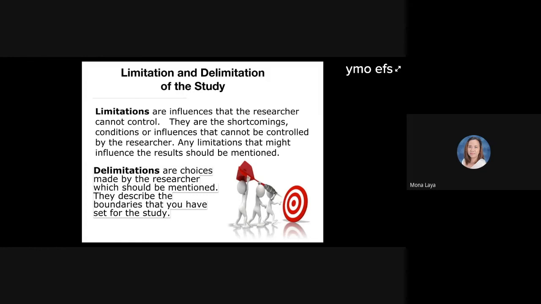Kasi actually malibog gani usahay sa difference ng dalawa. So in the limitation of the study, you're actually focusing on things that the researcher do not have control, especially when it comes to data gathering. Okay, especially when it comes to the possible outcomes. Kasi there are times that researchers have this preconceived outcomes of the study.